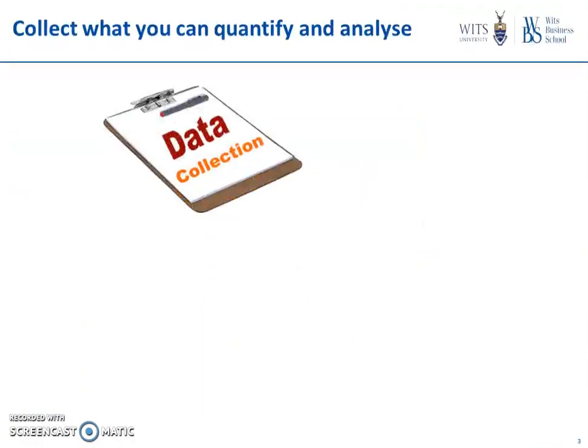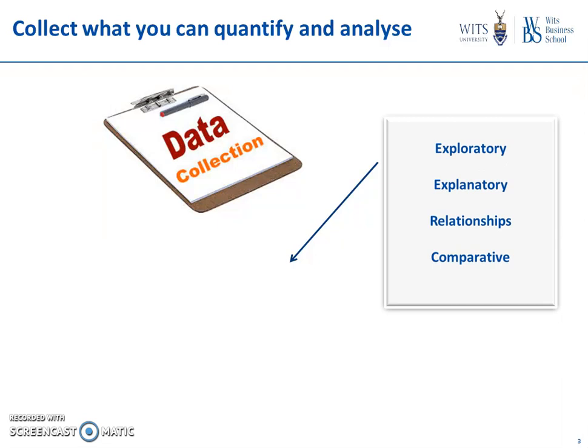Okay, the next thing is that you want to be able to quantify and analyze whatever you have collected. What will help you with that is to first think of your study. Is it an exploratory or explanatory kind of study? Are you trying to measure and analyze relationships?